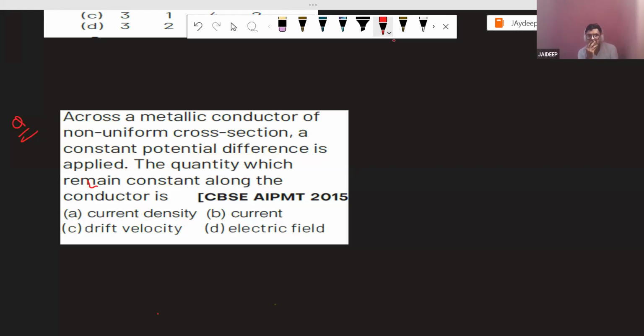Farhat. Please write your answer in the chat box. Which physical quantity remains as it is? Non-uniform cross section.